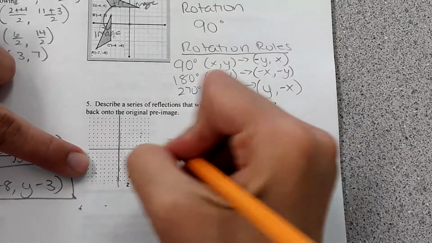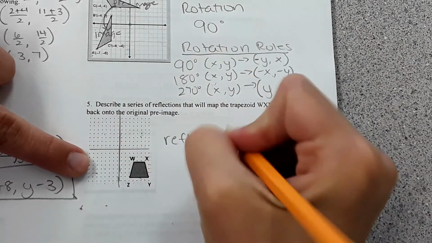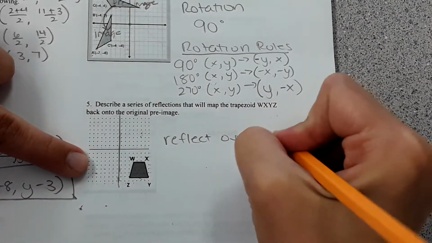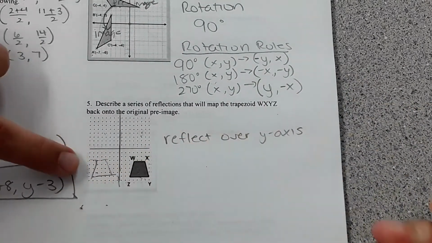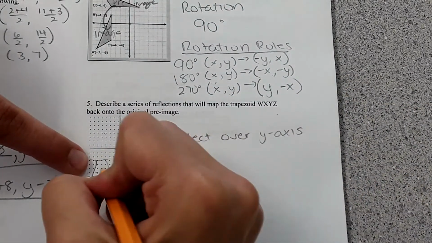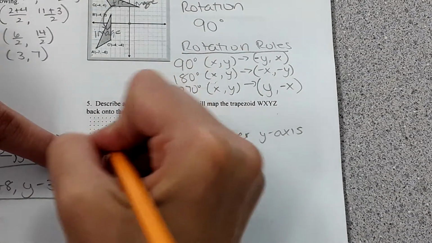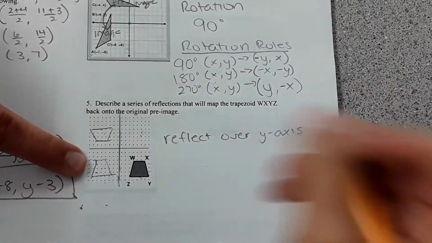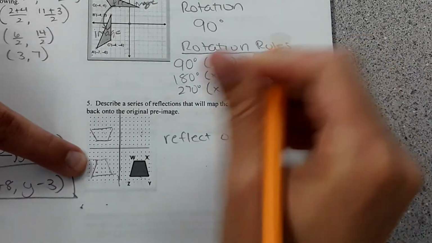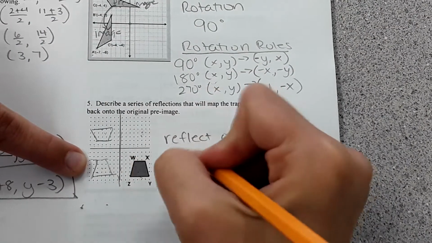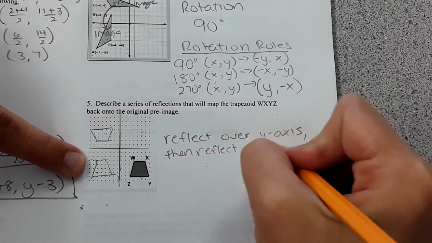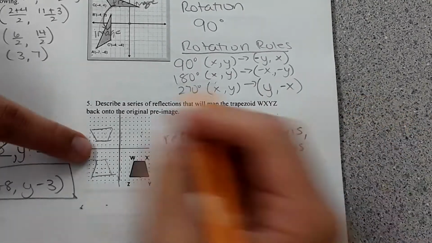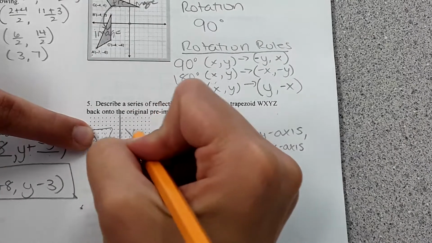So as our sample answer, you may have put something different that is also correct, but we're going to reflect it over the y. That would put it here. Doesn't have to be perfect. And then reflect it over the x, which would put it here. Then we'll reflect it over the y again.